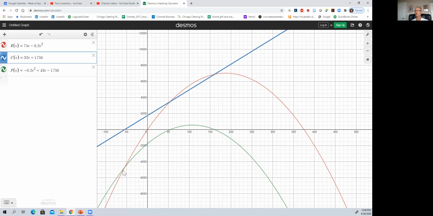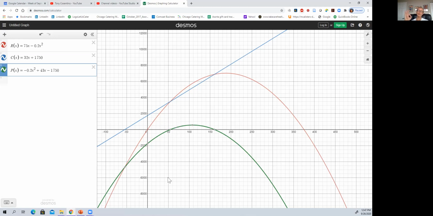And then the green is our profit equation, which was this third equation typed in. You could see that you make 0 profit where it hits the x-axis here. Let's see if I can find one. Yeah, looks like it's 160.5, and that would be the break-even point. And then 54.5 would also be the other break-even point.